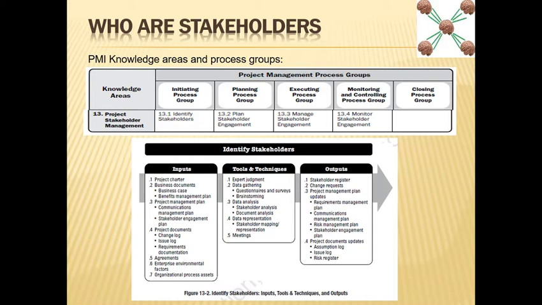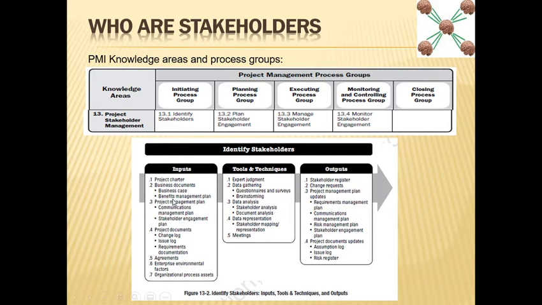If a new patient is identified from the same area, then the whole area is locked. These kinds of things make you identify new stakeholders in a project. So let's see how we can identify a stakeholder.